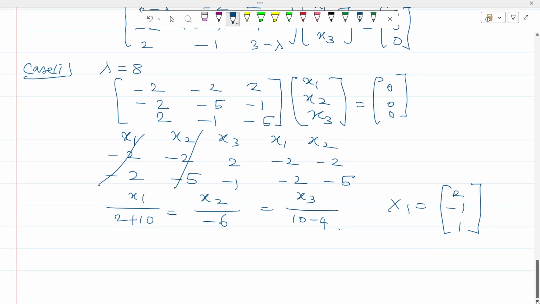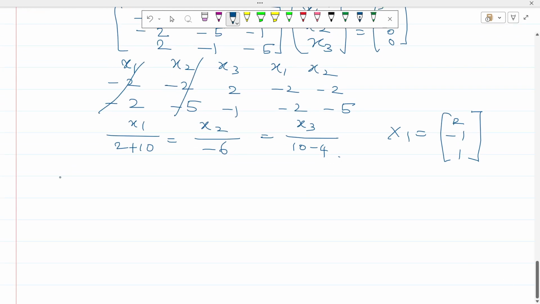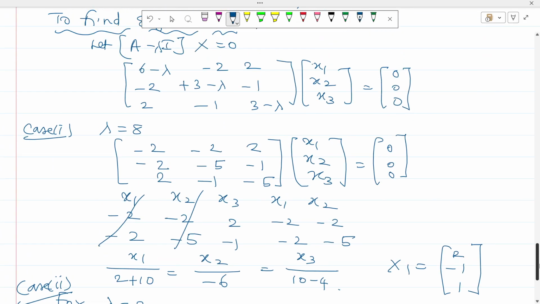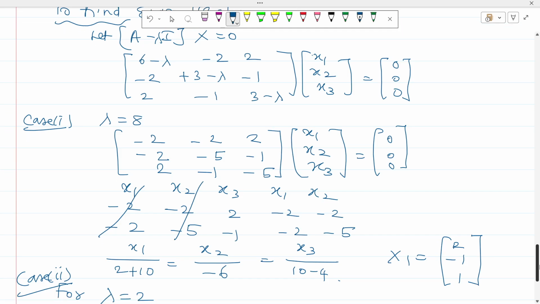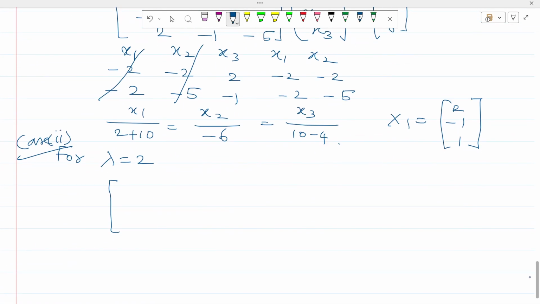Second one, for lambda equal to 2, case 2. For lambda equal to 2, the matrix becomes: lambda equal to 6 minus 2 is 4, 4 minus 2, 2.